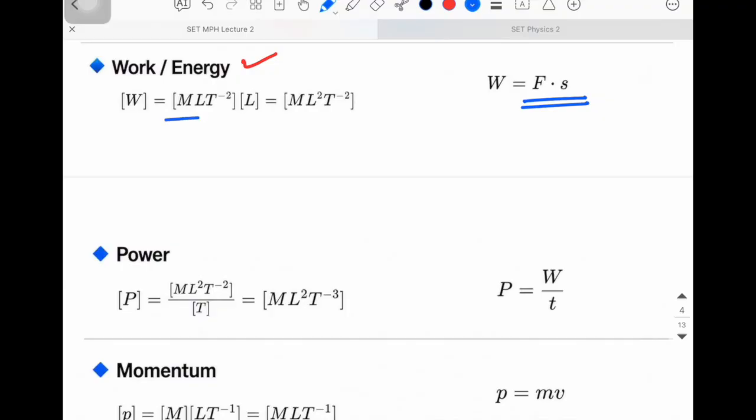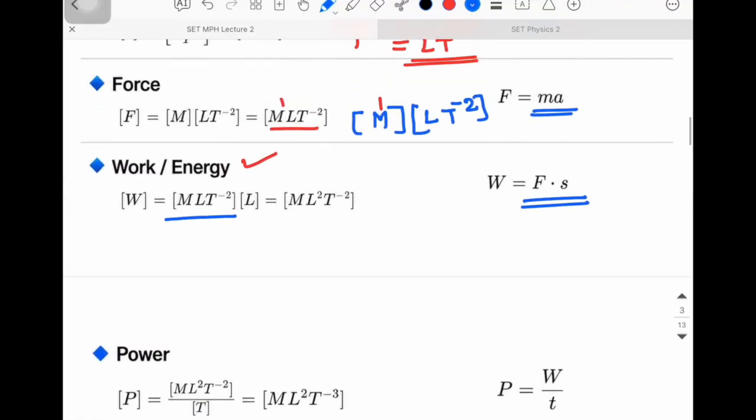The dimension of force is M L t power minus 2, and displacement is a length, so into L. So M L into L becomes L square, times t power minus 2. So M L square t power minus 2 is the dimension of energy.